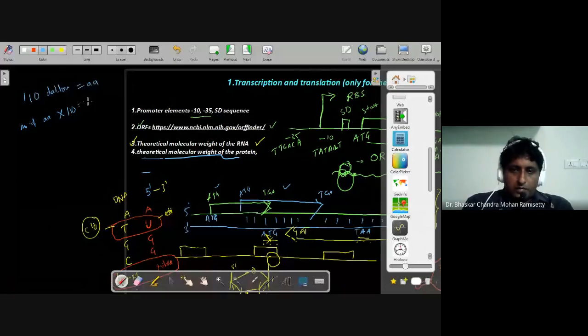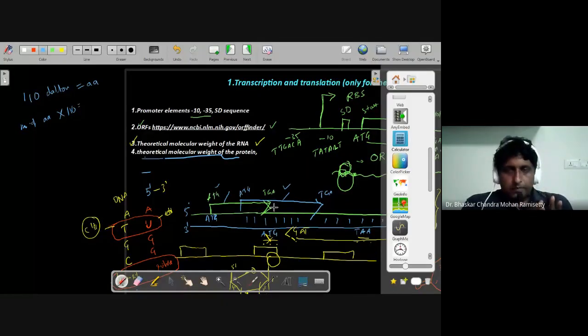So for each of these ORFs, you should be able to say how many ORFs are present in sequence A and how many in sequence 2. In sequence A, what are the theoretical molecular weights of the encoded proteins in both cases? That will allow you to have a strong foundation in molecular biology.